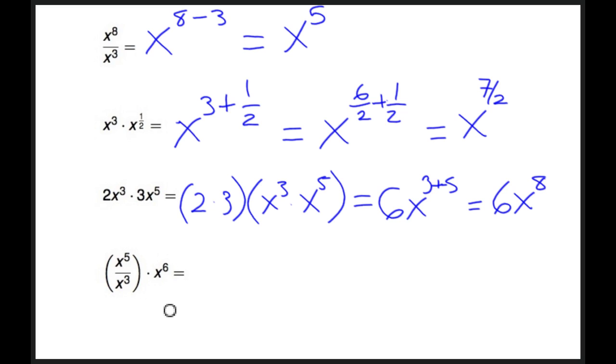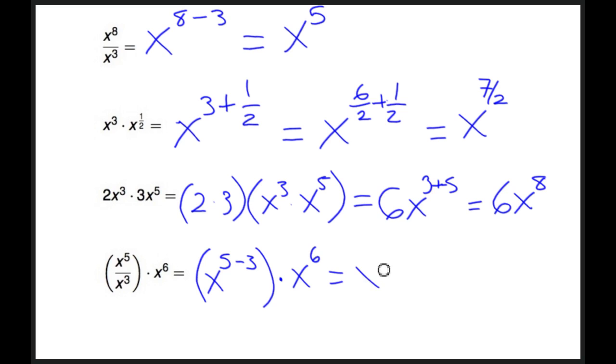Okay, now let's look at one that uses both multiplication and division. Okay, so order of operations says you want to simplify the things in the parentheses first. So first we're going to think about what is x to the 5 divided by x to the 3. And when you divide things that have the same base, that means you subtract the exponents. So here, simplifying what's in the parentheses, this will give us x to the 5 minus 3, because that's the simplified version of what's in those parentheses, and then we're going to multiply whatever that is times x to the 6th.